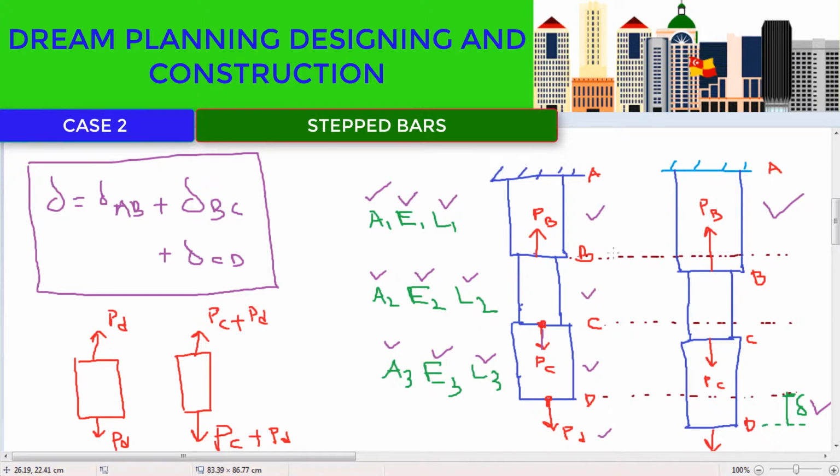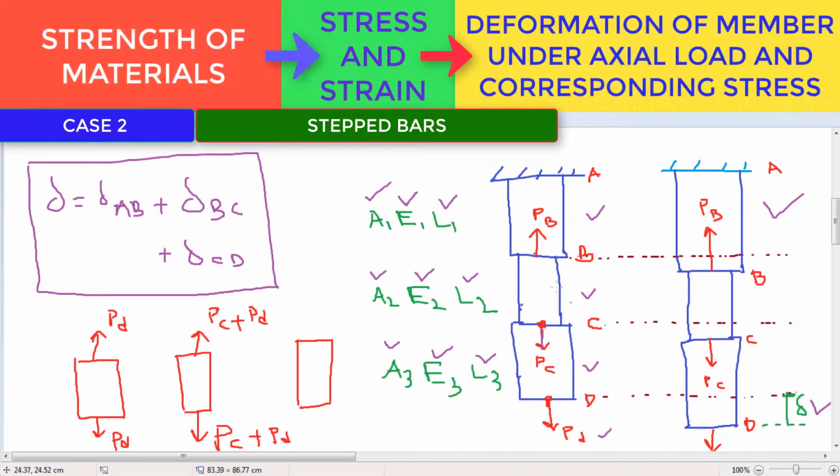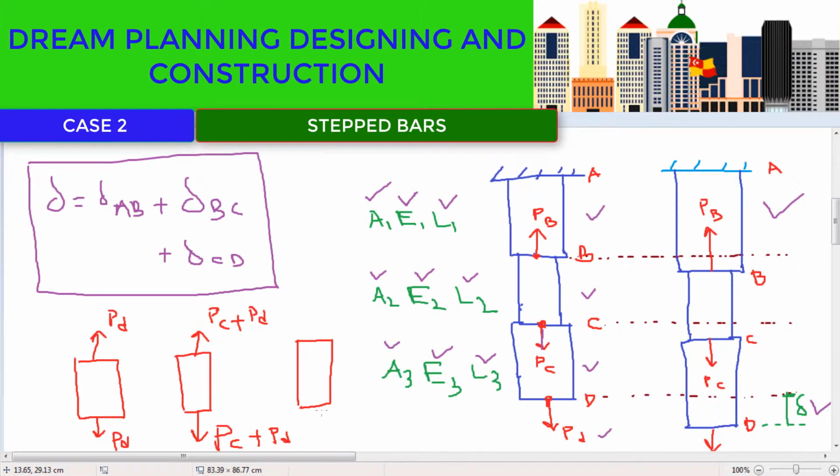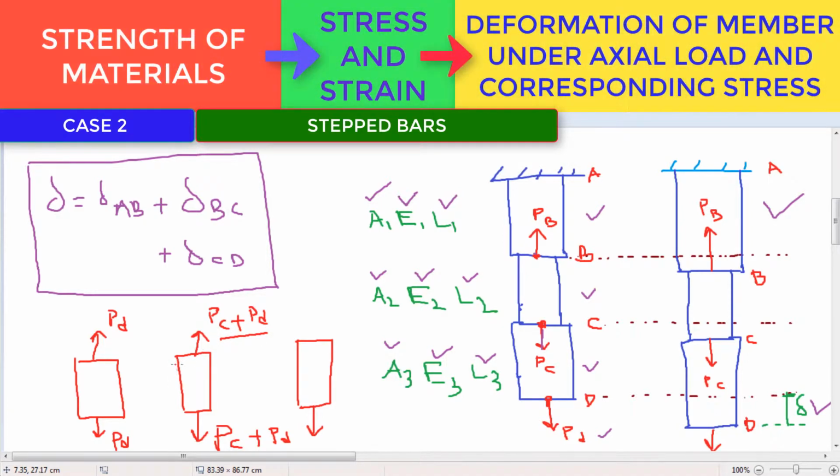Now we discuss member AB. At point B the total force acting is PC plus PD, total downward force, and an upward force, that is PB. So at point B we can write in this direction PC plus PD, because that is upward direction, and if we cut this cross section at this point, that is downward.